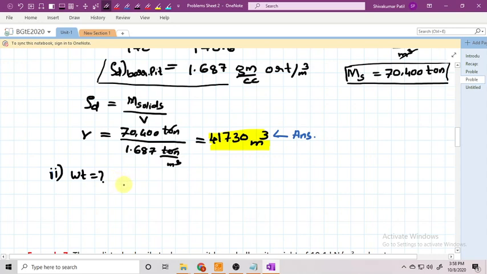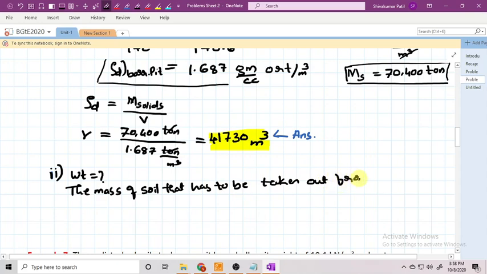So the mass of soil that has to be taken out from the borrow pit.